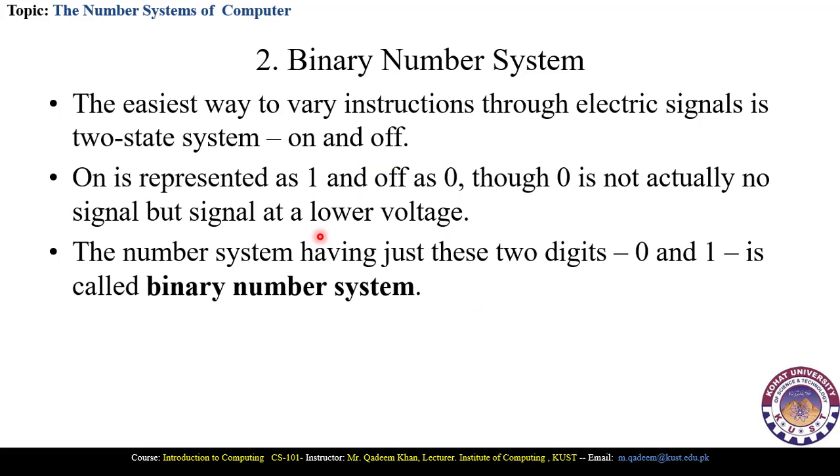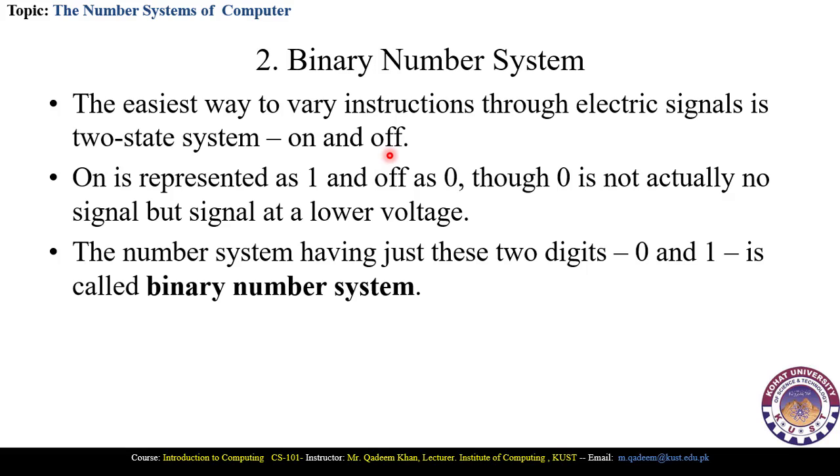Another important representation of numbers in a computer is the binary number system. This is a quite easy way to represent instructions as electrical signals of a two-state system, either on or off. The electrical signals travel through the circuits in the form of binary numbers. On means 1 and off means 0.